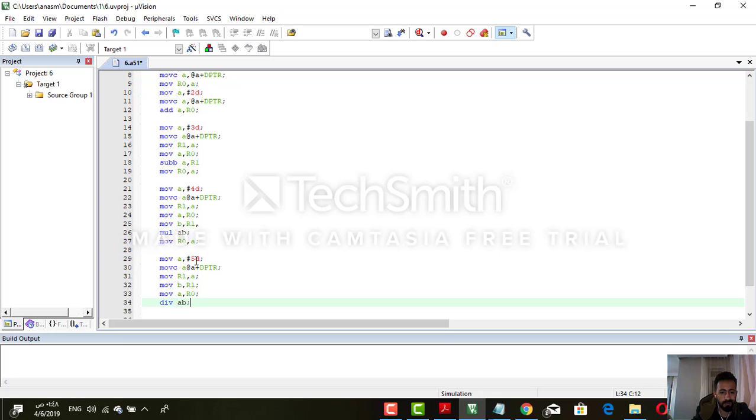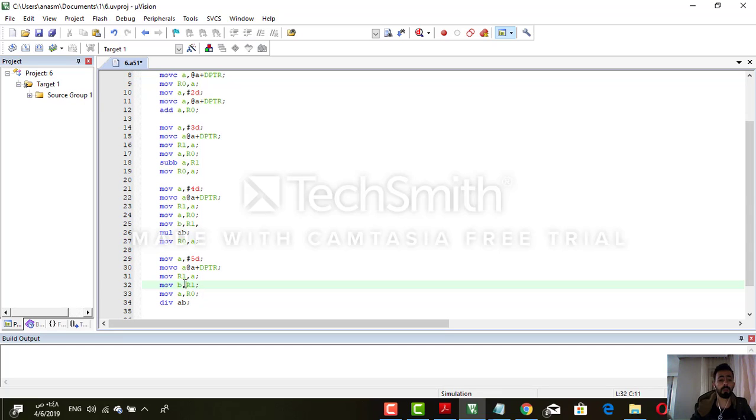So this is the fifth number, as we see, and by using a data pointer with move C, we defined the fifth number at A, and after that move it to register 1, but we have to use the register 1, so we move it to B, because for the divide operation we have to divide A by B, we can't use register 1 and register 0.